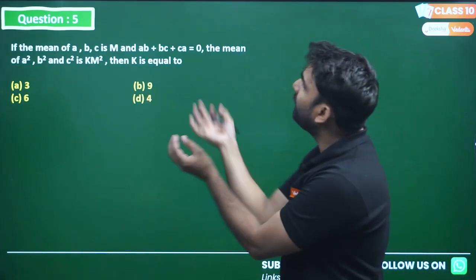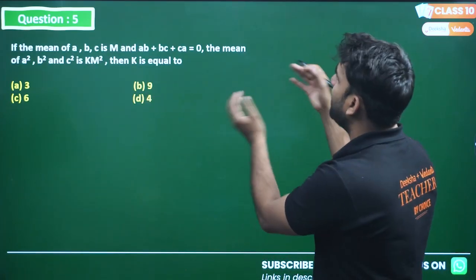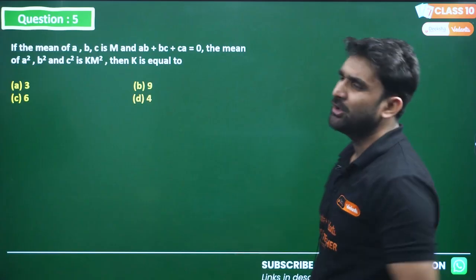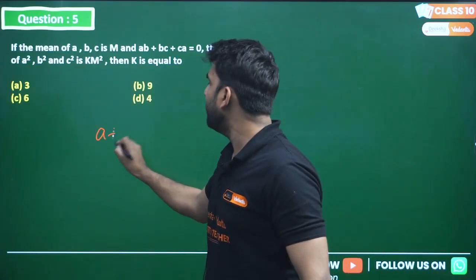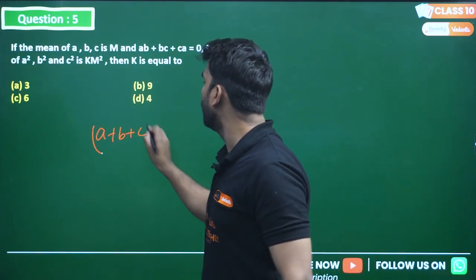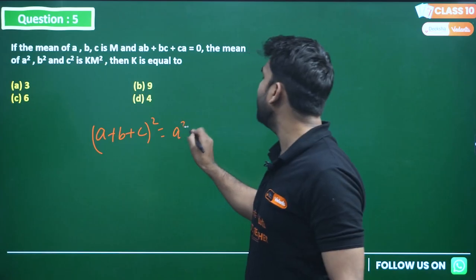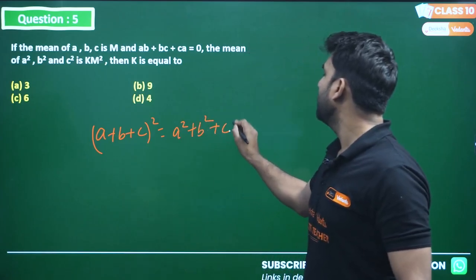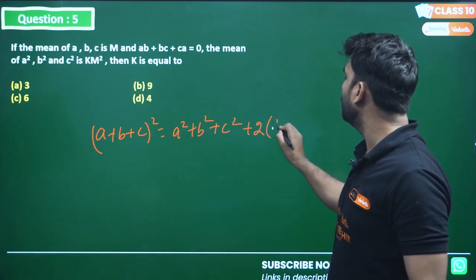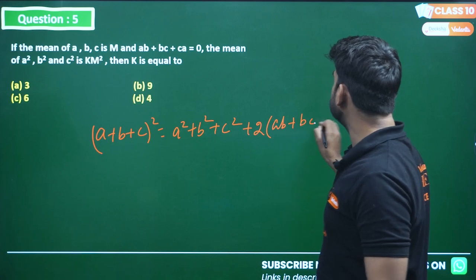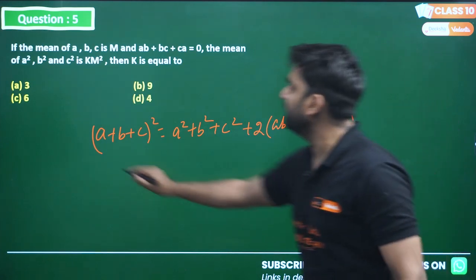If the mean of a, b, c is m and ab plus bc, come on, my dear, if you know the formula of (a plus b plus c) whole square, that is equal to a square plus b square plus c square plus 2 into (ab plus bc plus ca), this identity will be used here.